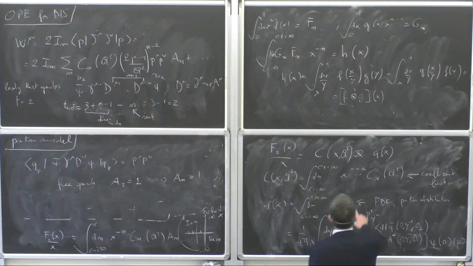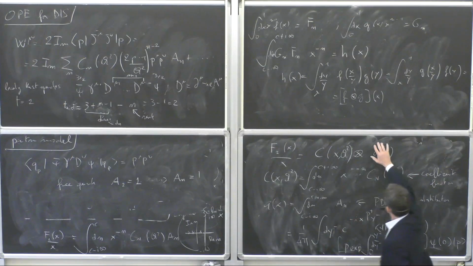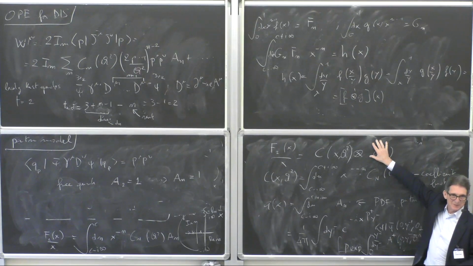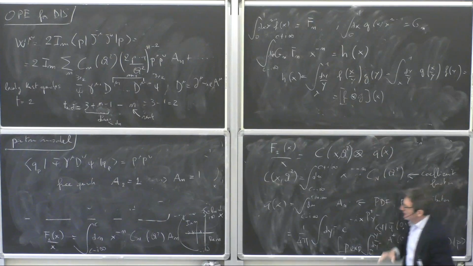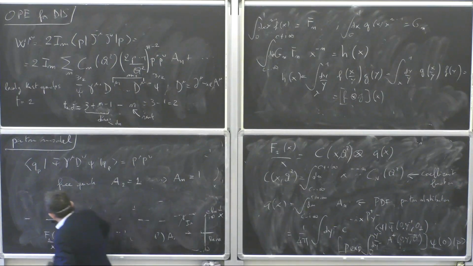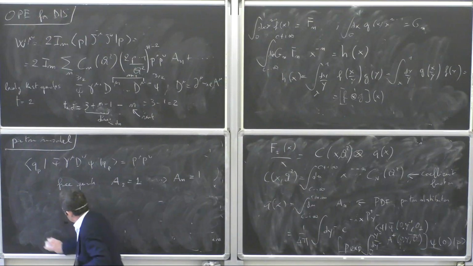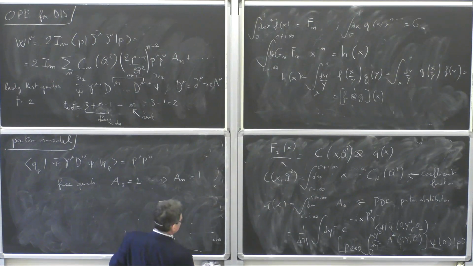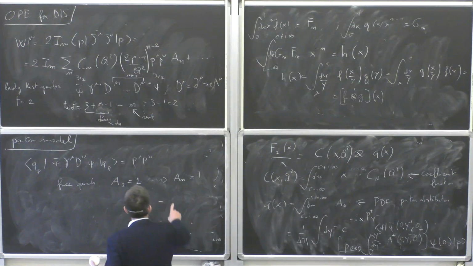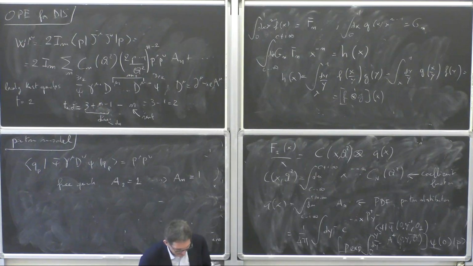Now, if all ANs are equal to 1, then go and look at here. This means that in the convolution here, the PDF has disappeared, right? Because that's just equal to 1. So what do I get from my factorization formula when I set all ANs equal to 1?